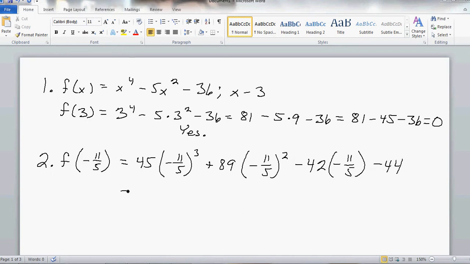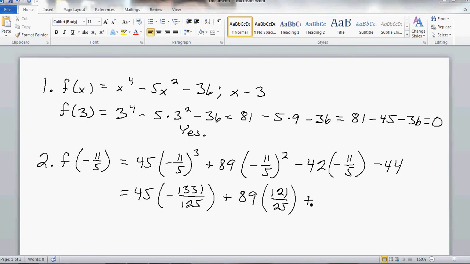Okay, lots of nasty fractions, but it's just something we have to deal with. So this is 45 times a negative 1,331 over 125 plus 89 times 121 25ths.